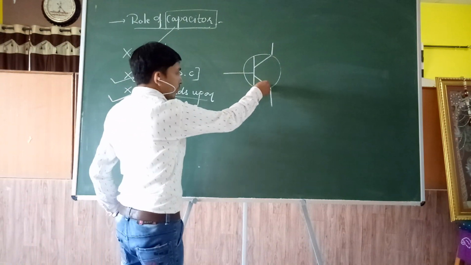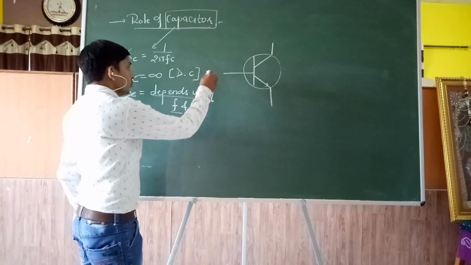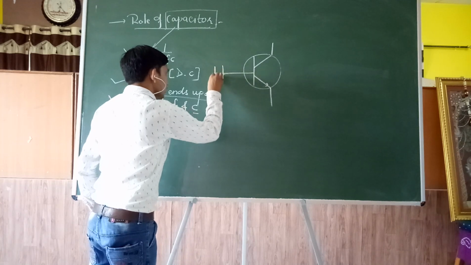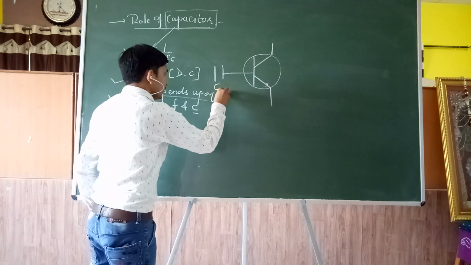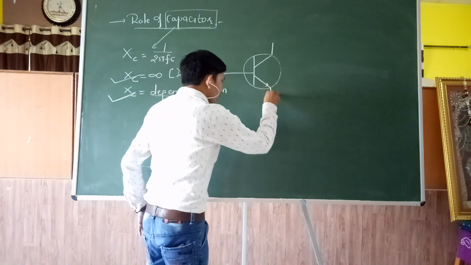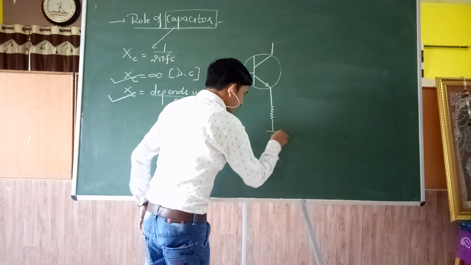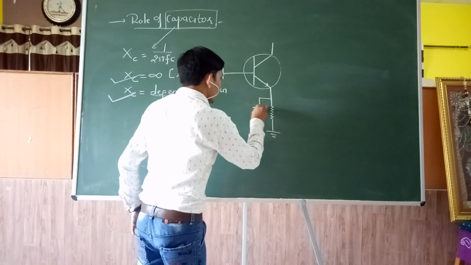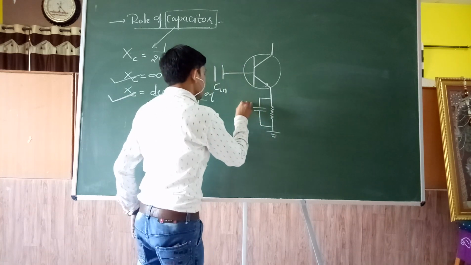So the emitter will be the common terminal for input and output. In the input we are using one capacitor, which we call CE. We are also using one resistor over here for stabilization, and one more capacitor in parallel with this.